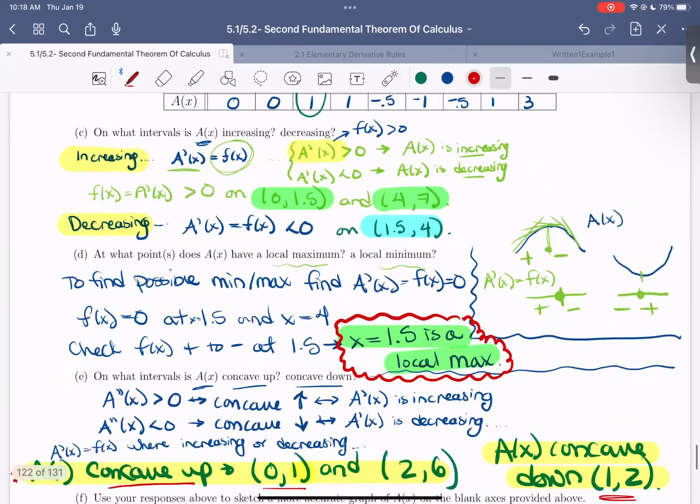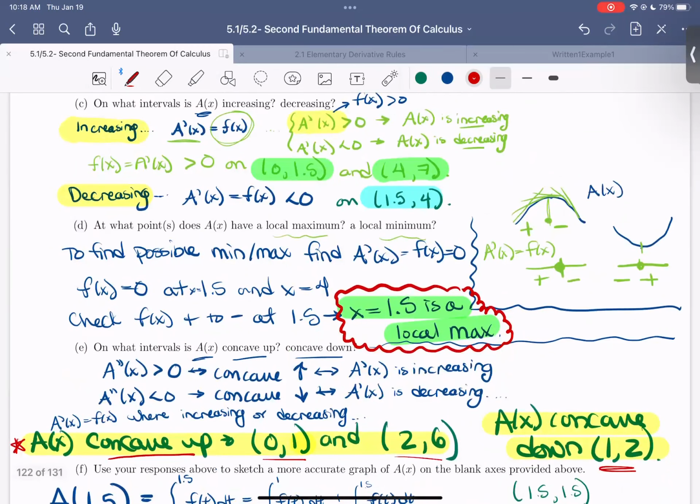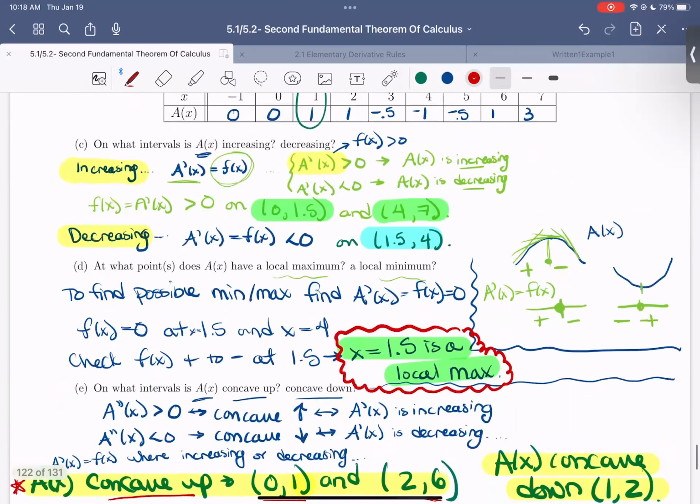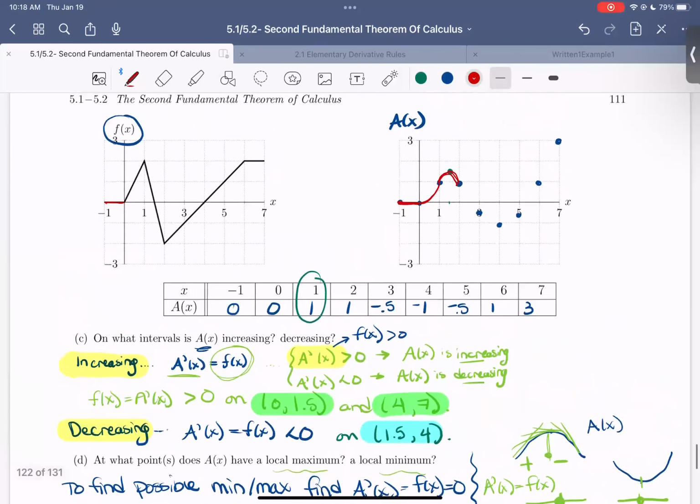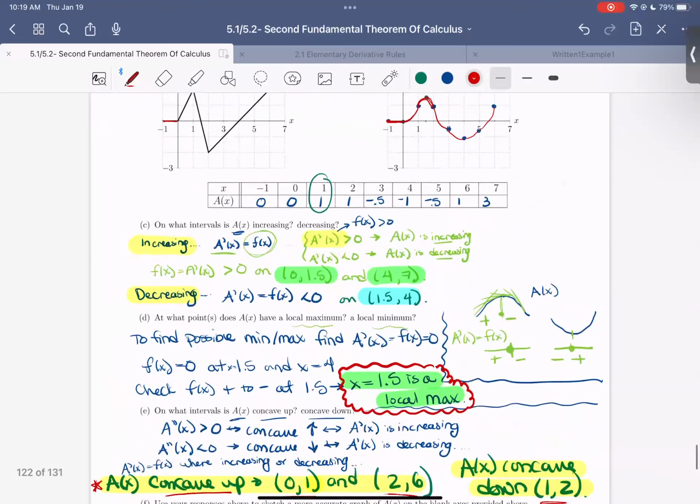So we know that our graph is going to be concave down, again, all the way from 2 to 6. So that means I need to draw these curves all with a concave down look. So now we're on to connecting the last 2 points of our graph, and that's between 6 and 7, or x is 6 and x is 7.